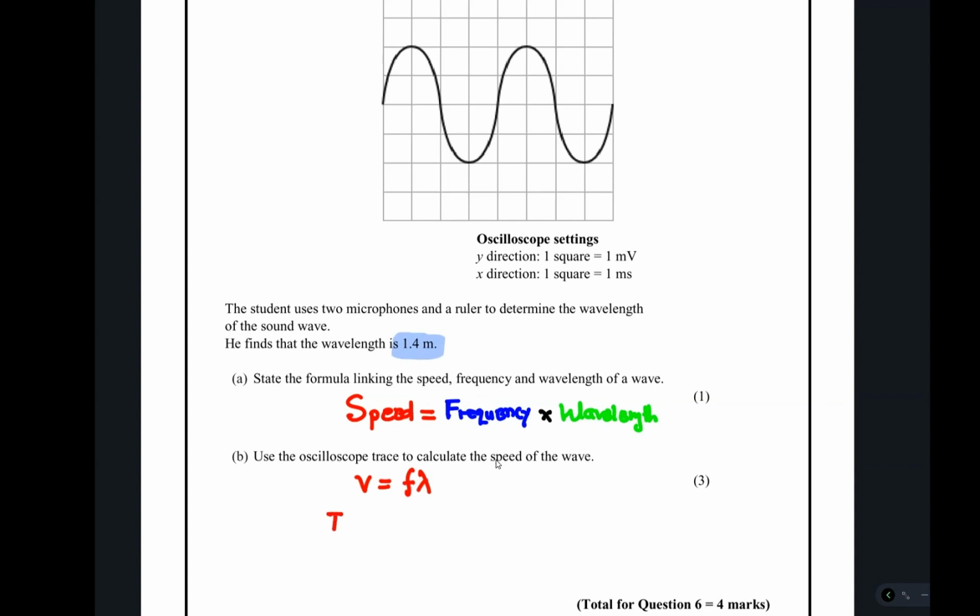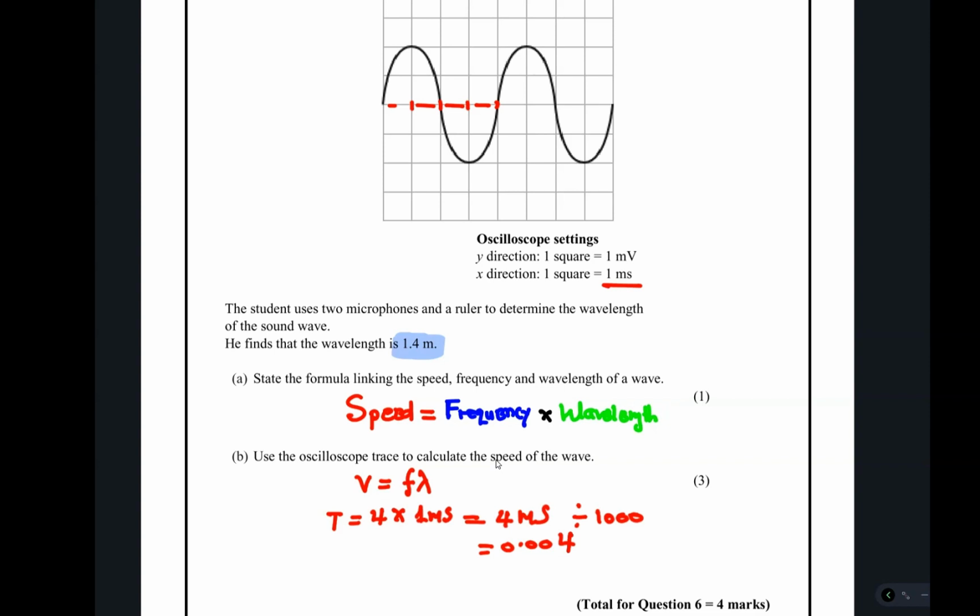Now we need to work out the periodic time, and periodic time is the time for one complete oscillation, one complete cycle. We have one complete cycle when we have 4 squares. So 4 times 1 millisecond becomes 4 milliseconds.